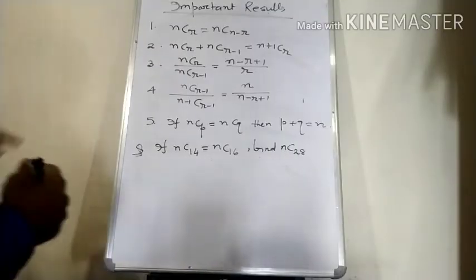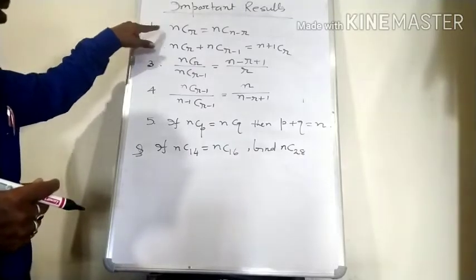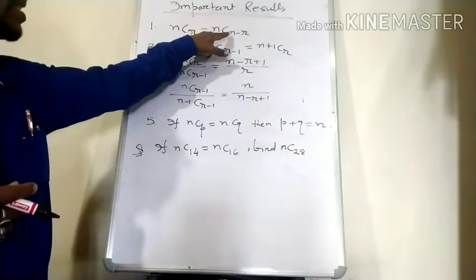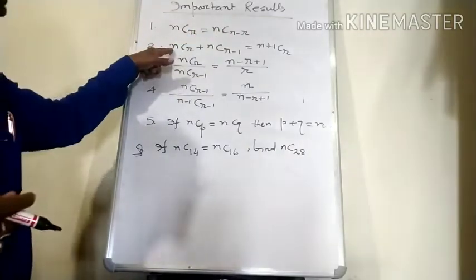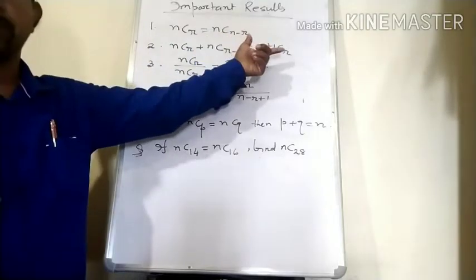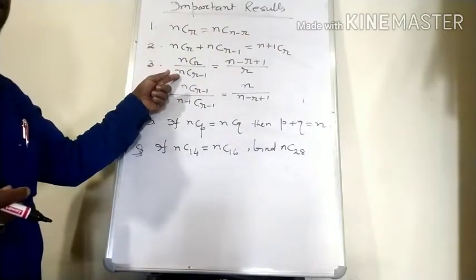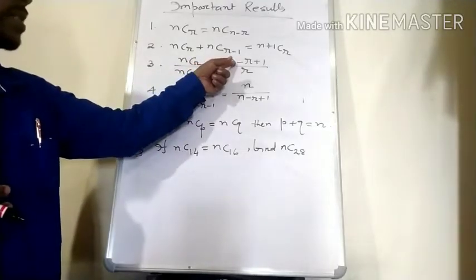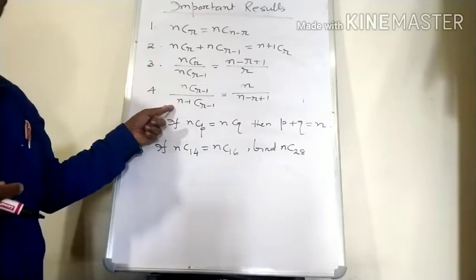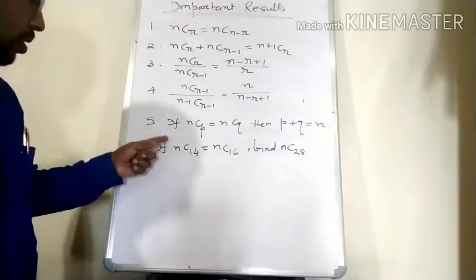Now we are going to discuss very important results on combinations. What are the important results? Number 1, nCr we can write equal to nC(n minus r). Number 2, nCr plus nC(r minus 1) equal to (n plus 1)Cr. nCr by nC(r minus 1) you can write (n minus r plus 1) by r. nC(r minus 1) by (n minus 1)C(r minus 1) you can write n by (n minus r plus 1).